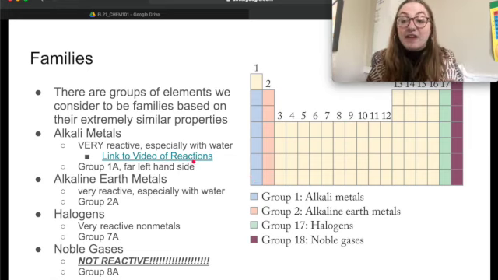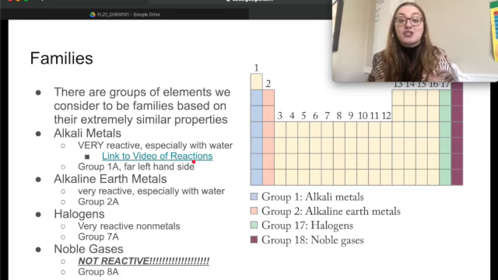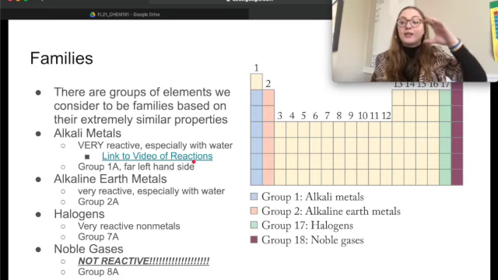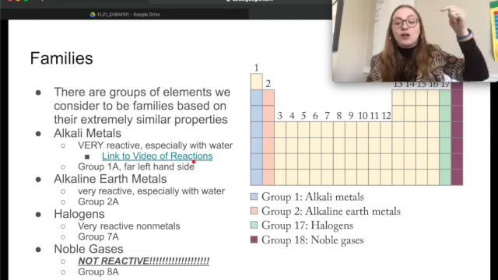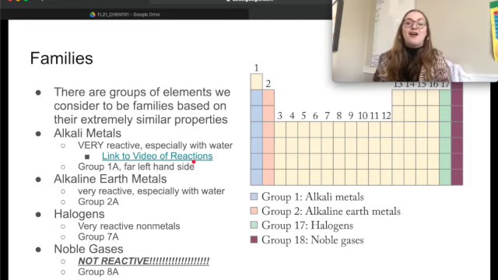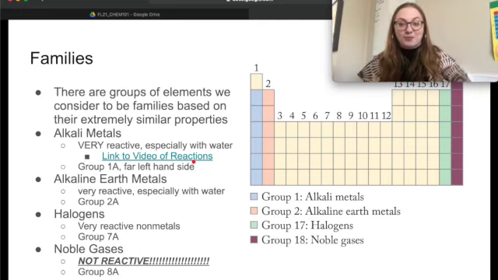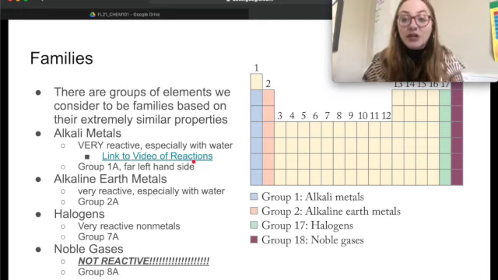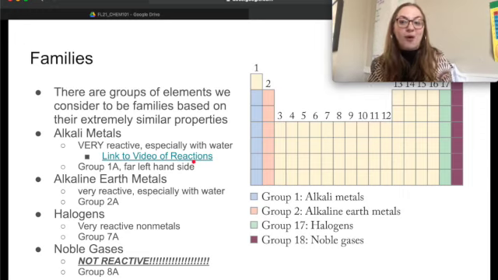I've linked a video to some of those chemical reactions where they take lithium, then sodium, then potassium, and so on and so forth. They add them all to different amounts of water. So you can see how those react with water. Highly recommend, really cool. You get to watch stuff blow up. So go check that out and see how exactly reactive those alkali metals are with water.